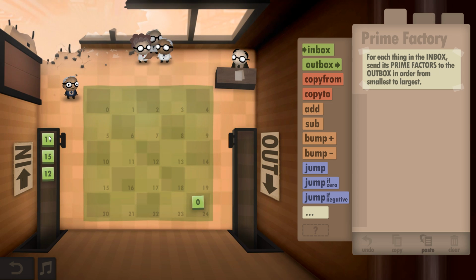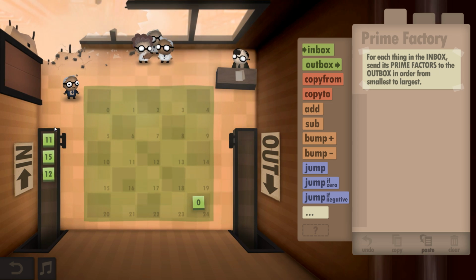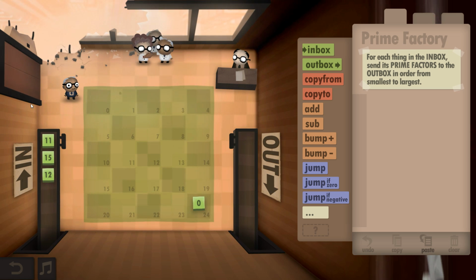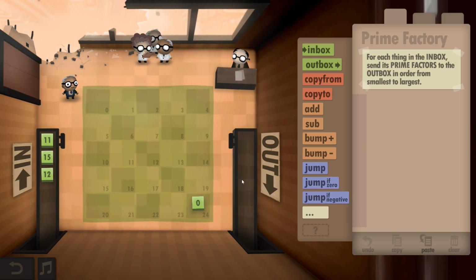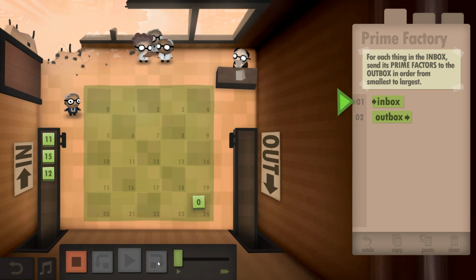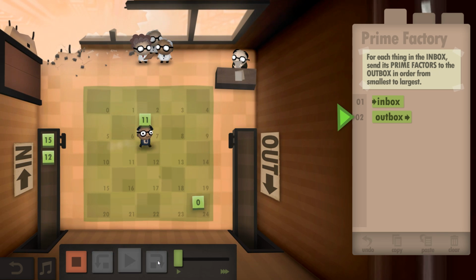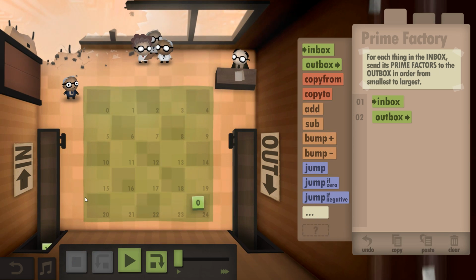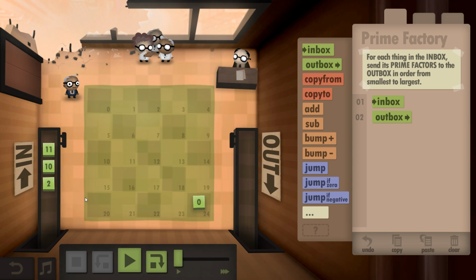Which means that the only prime factor of 11 is 11. Right? Yeah, right, okay, that's good. I'm understanding that part at least.